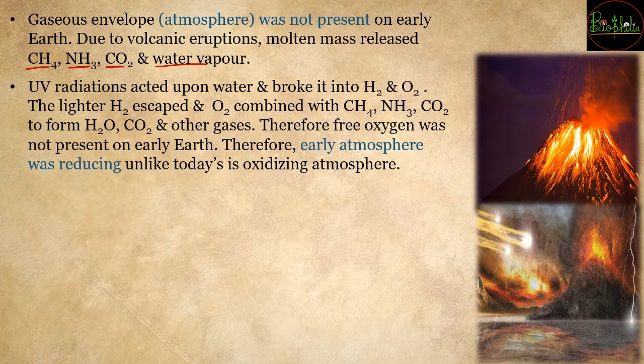Then there were UV radiations, that is ultraviolet radiations, present around this structure, and because of that, the water vapor, that was the moisture that was present, broke up. The UV light destroyed the structure of water, their friendship broke, and because of that the hydrogen and the oxygen got separated. Now what happened? Hydrogen and oxygen separated, saying, now you go your way, I go mine. So the hydrogen, since it was lighter in weight, thought that being lighter it would escape out.